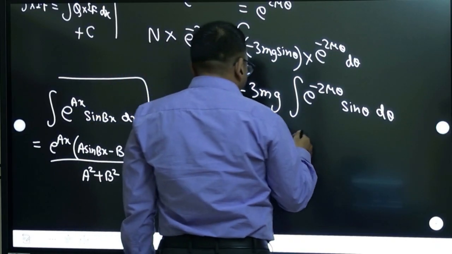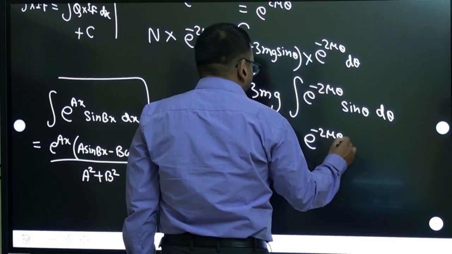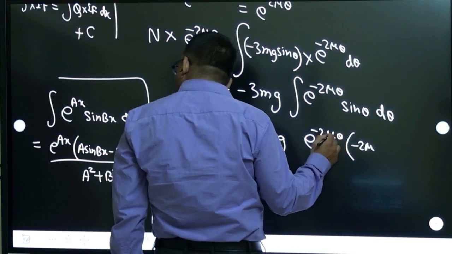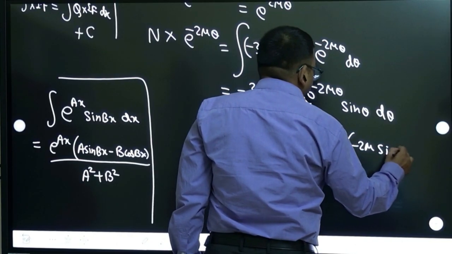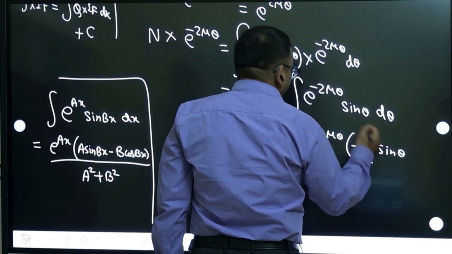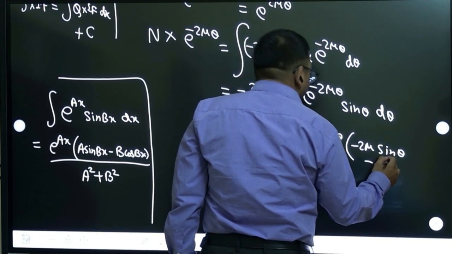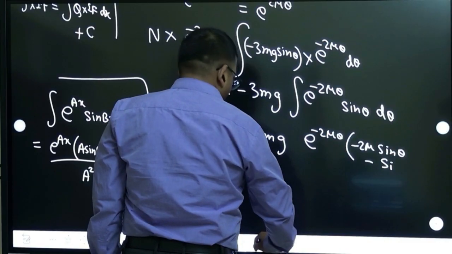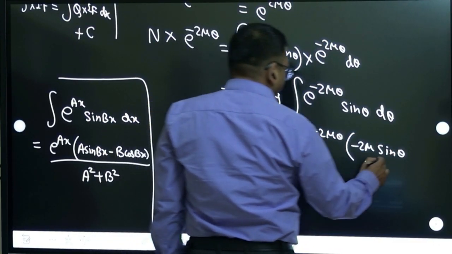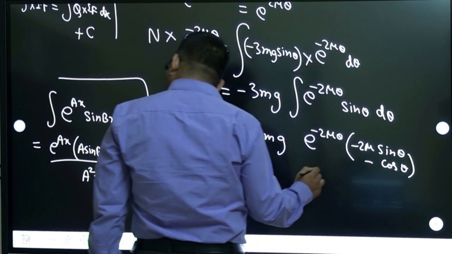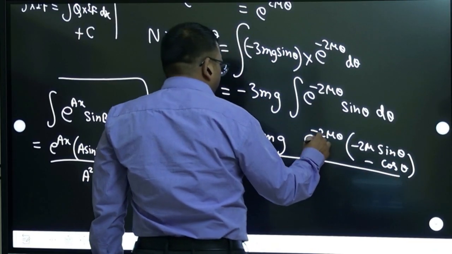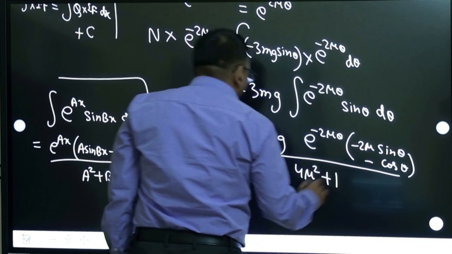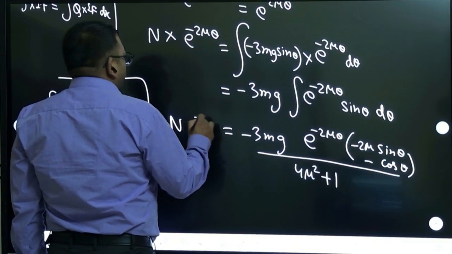So e to the power minus 2 mu theta comes out, into a, which means minus 2 mu sine theta minus b, which means 1, cos theta, divided by a square plus b square. Minus 2 mu whole square is 4 mu square, plus 1. And this is N into e to the power minus 2 mu theta.